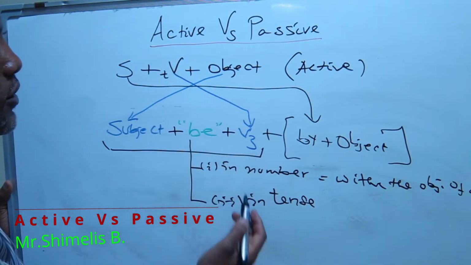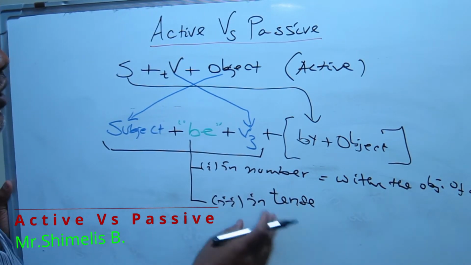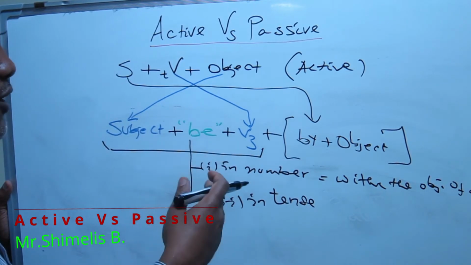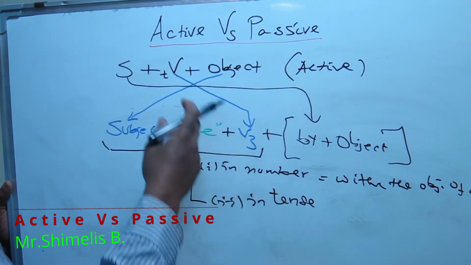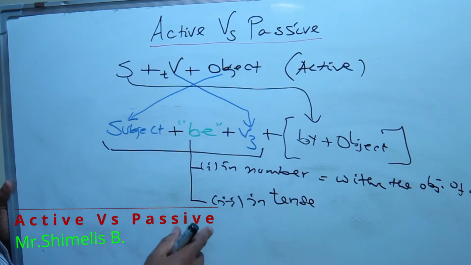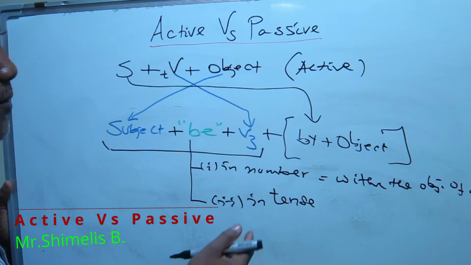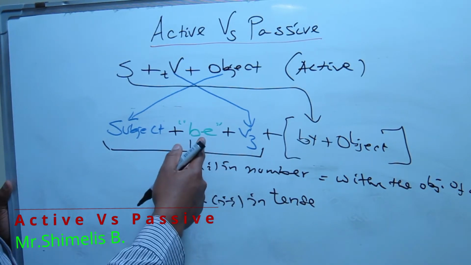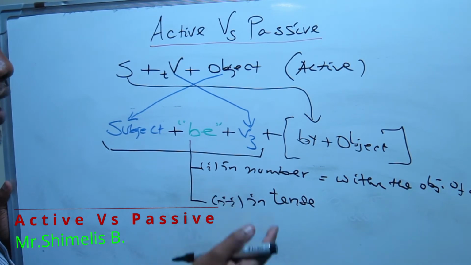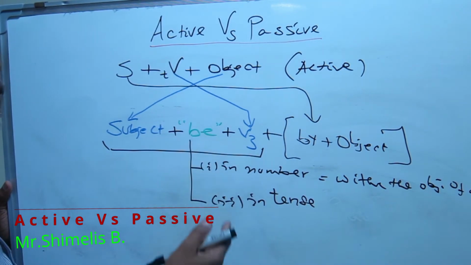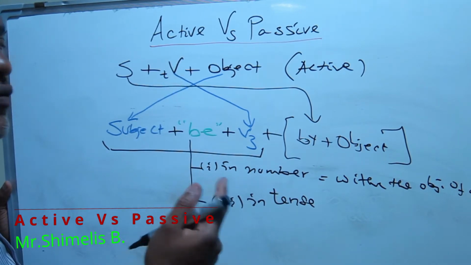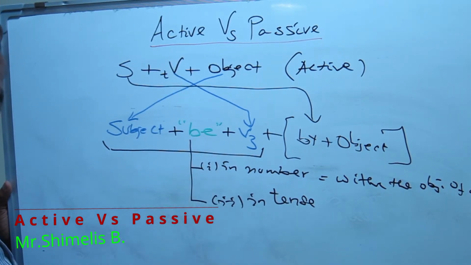The next agreement is about its tense. The verb to be's tense must vary with the tense of the main verb of the active sentence. If the main verb of the active is expressing a present time, the verb to be that we use has to express a present time. If the main verb is in past, the verb to be has to be past tense. And if the main verb of the active is in future tense, we use the future form of verb to be.